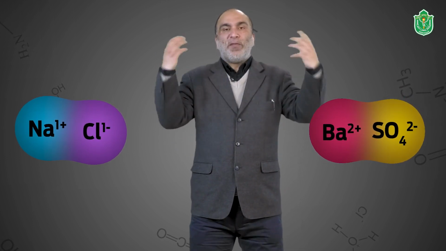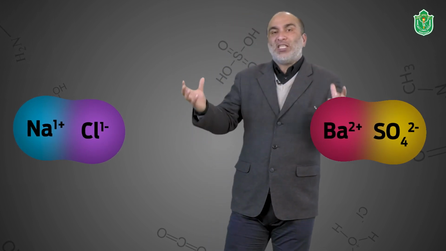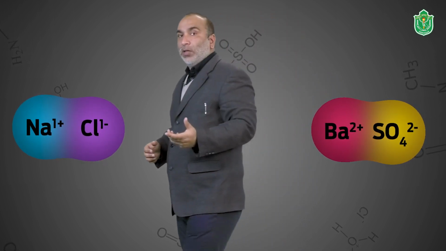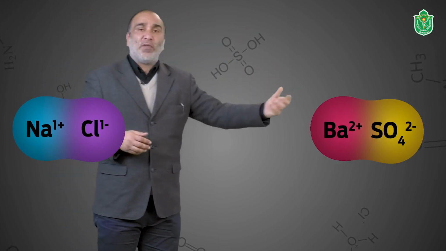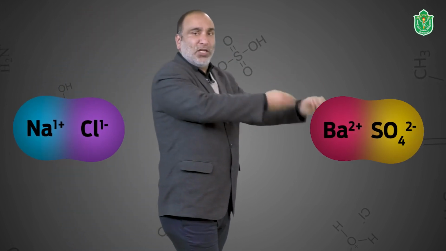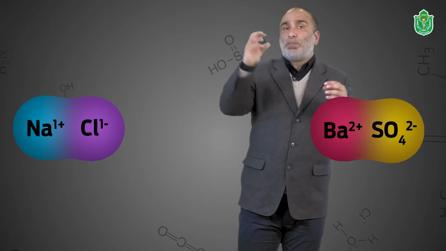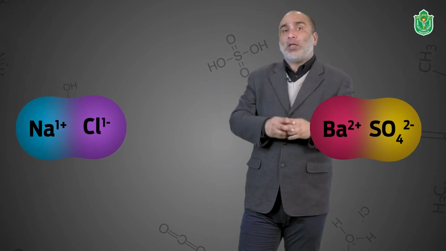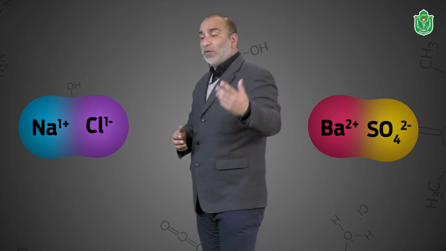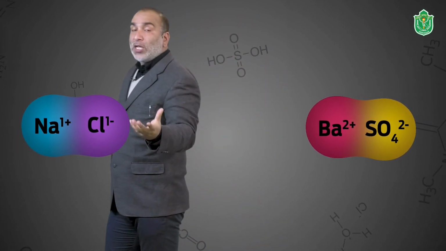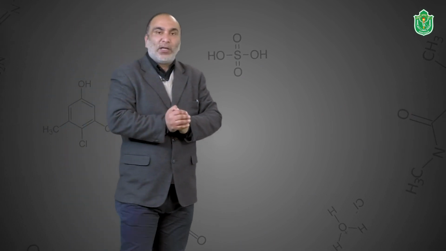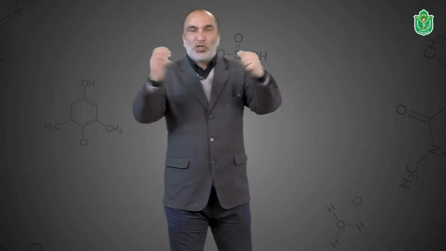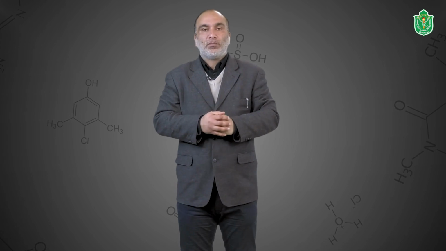So there is a preferential affinity of these ions for each other. Na and Cl combine together, resulting in the formation of NaCl, an aqueous solution, which is there in the solution. And this barium and sulfate, when they combine together, result in the formation of barium sulfate, a white insoluble precipitate, which we can see very much in this test tube.